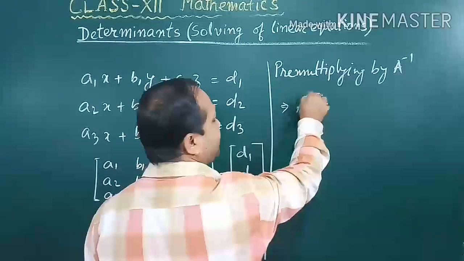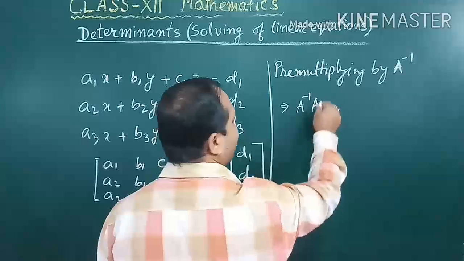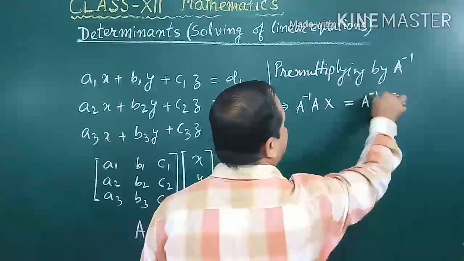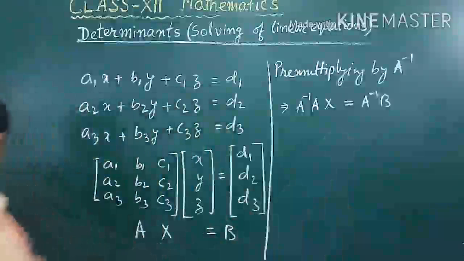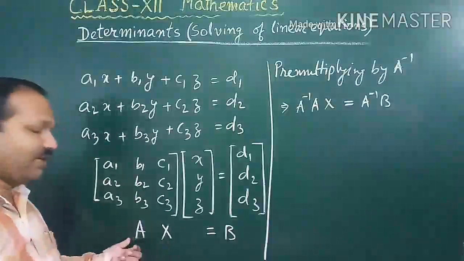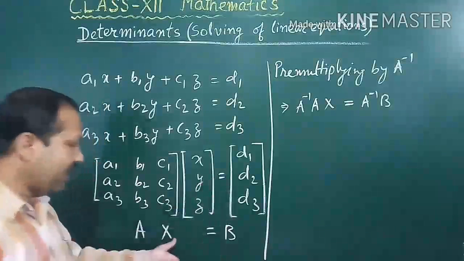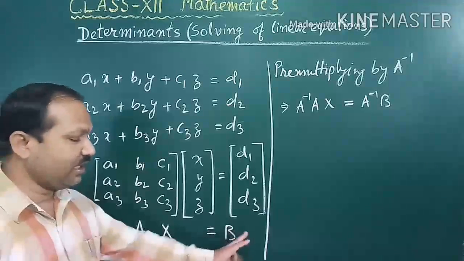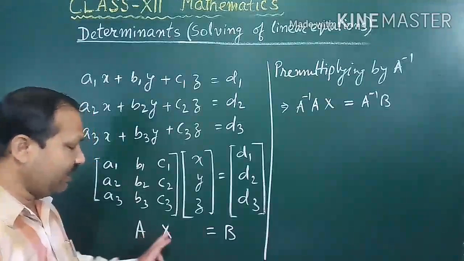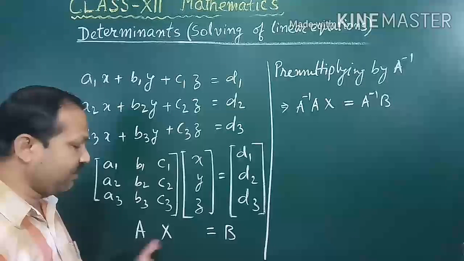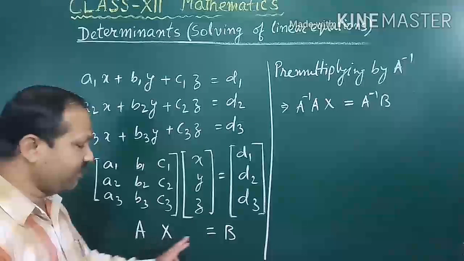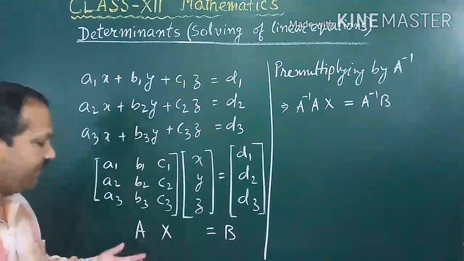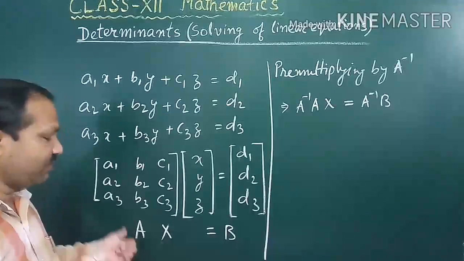A inverse A X is equal to A inverse B. See, here we are pre-multiplying by A inverse, so that here X is there. If we post-multiply by A inverse, then A inverse will come here. So A, here X, and then A inverse. We cannot do it here because AB is not equal to BA in matrix multiplication we have learned. So we have to do pre-multiplication by A inverse.